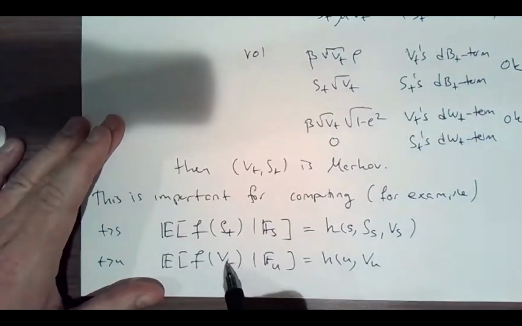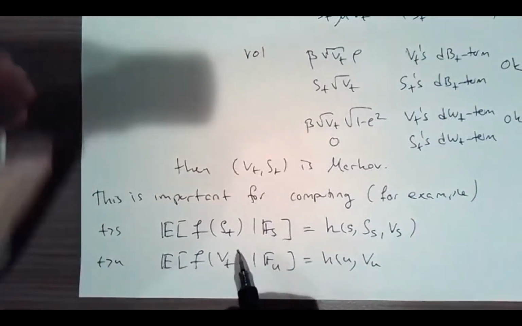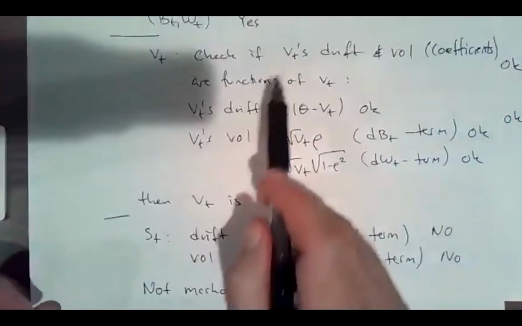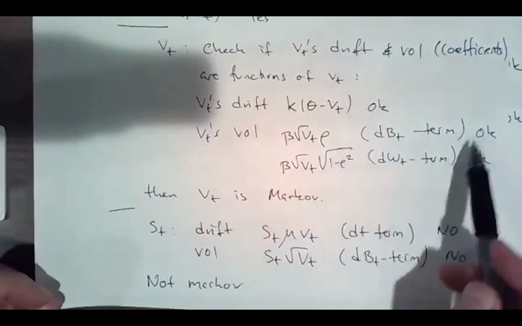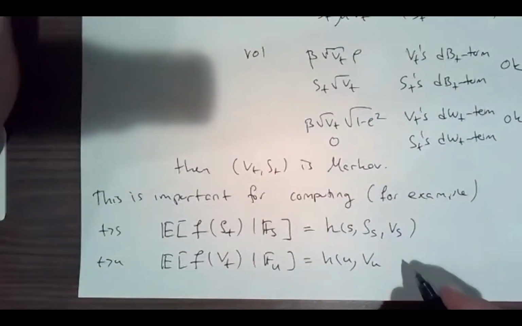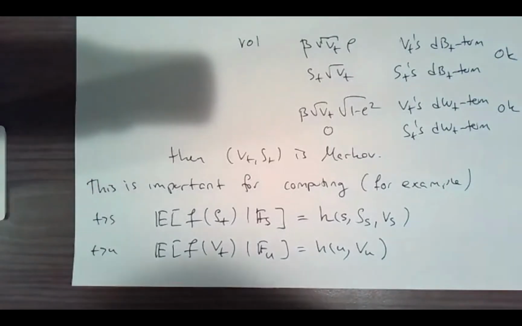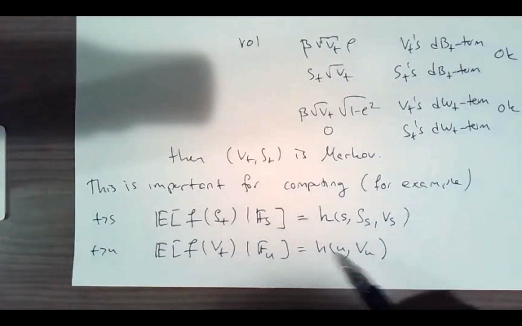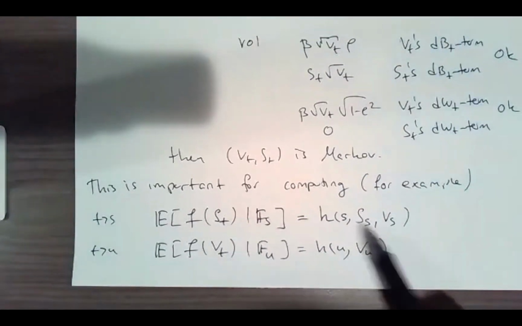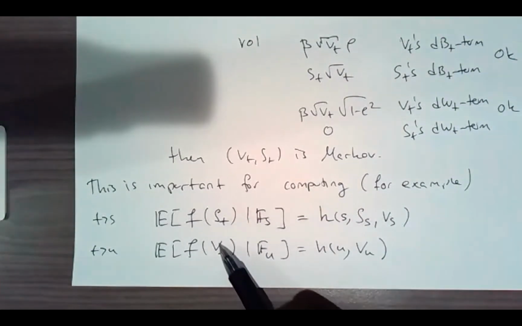Well, it depends. Is V Markov? And then you go back up and check. Is it Markov? Markov, Markov. Okay, we're good. Then that's it. So you can see, because S is not Markov by itself, you need to go up one dimension. Here, V is Markov by itself, and then you just stick with one dimension.